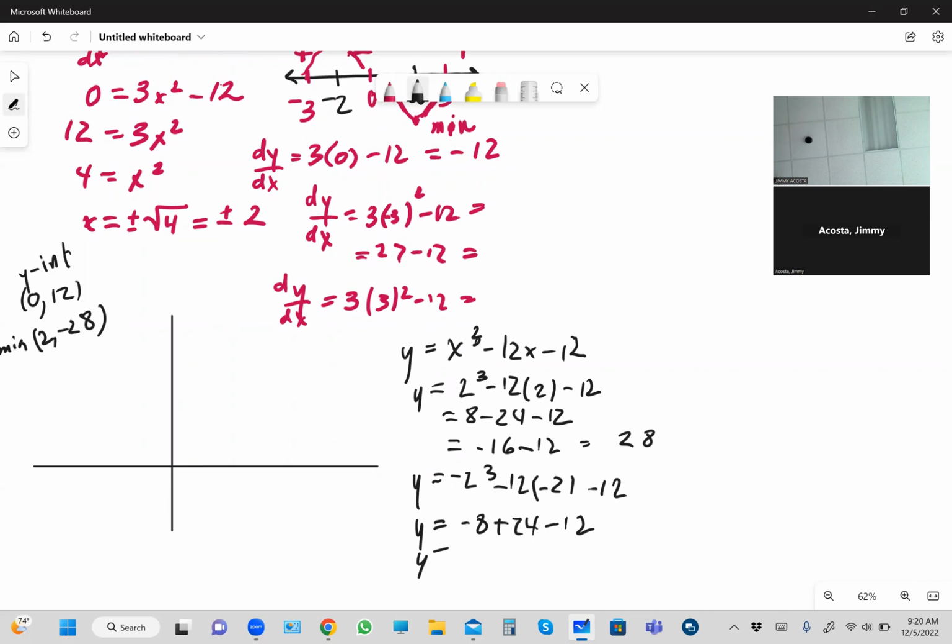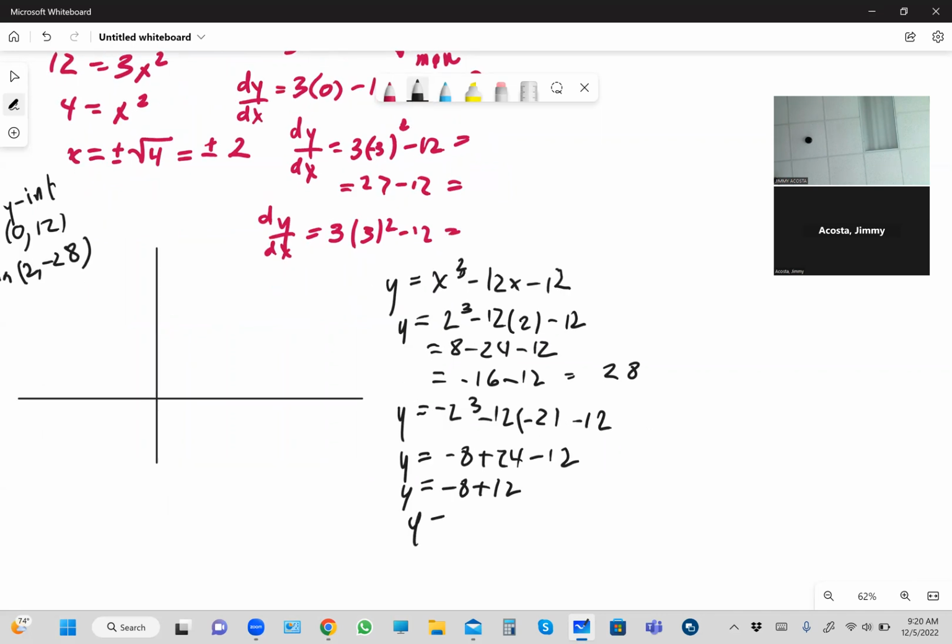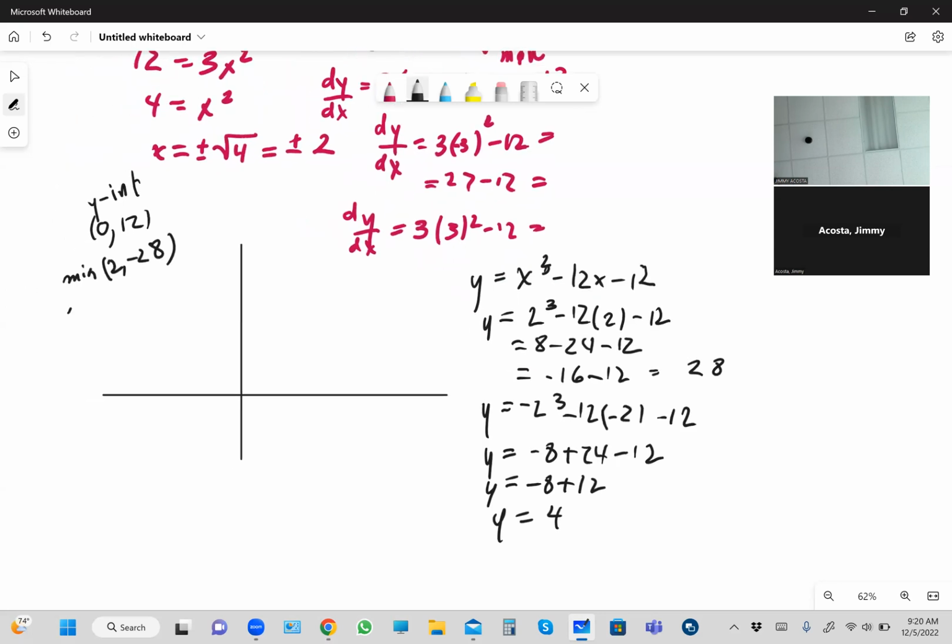So that comes out to y equals -8 plus 12. So y equals 4. So our max is going to be, and this is obviously a local maximum. We say a local maximum because this function keeps on going forever. So we have -2 comma 4.